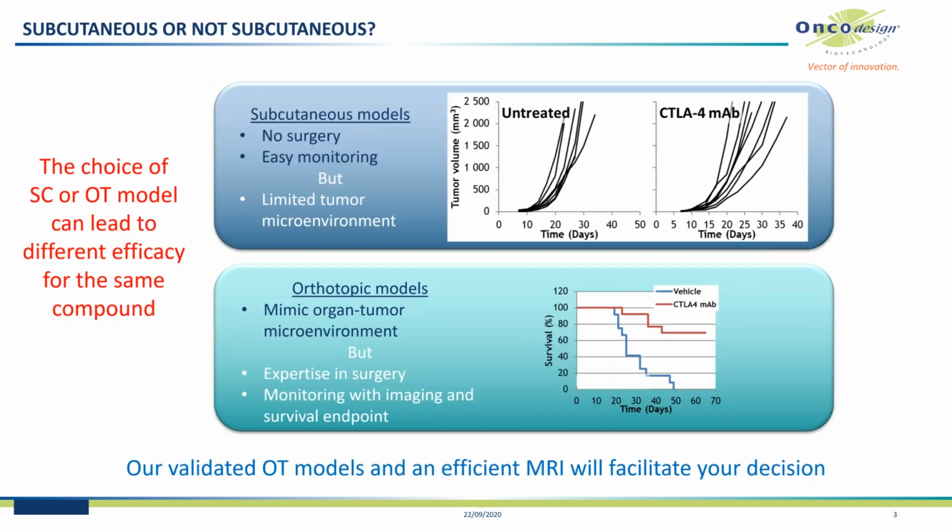Subcutaneous models are widely used in preclinical oncology because they are simple to handle, but it is known that these models are limited because of no tumor microenvironment, and it happens that the response to treatment is different between subcutaneous models and orthotopic models.